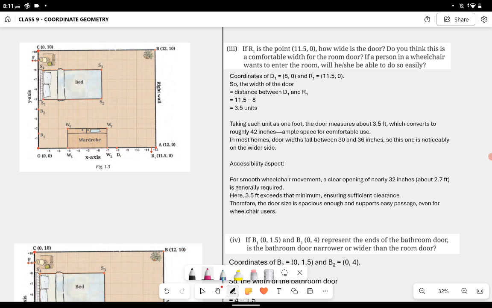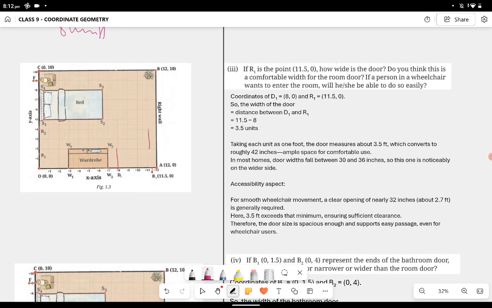Do you think this is a comfortable width for the door? If a person in a wheelchair wants to enter the room, will he or she be able to do so easily? We have already discussed the door D1 is (8, 0) and ends at R1 (11.5, 0). So this is the door.